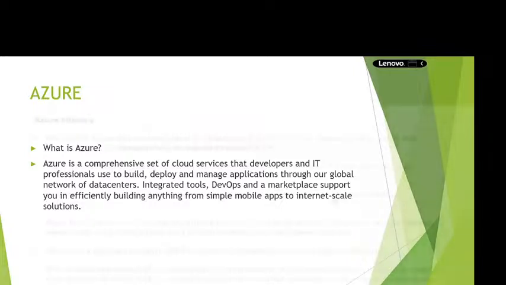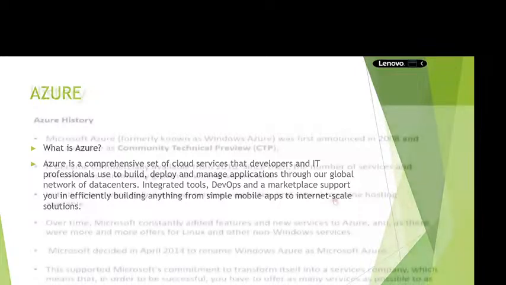Next, Microsoft Azure came into the picture in the year 2010. At that time we called it Windows Azure. Windows Azure supported only Microsoft related applications.